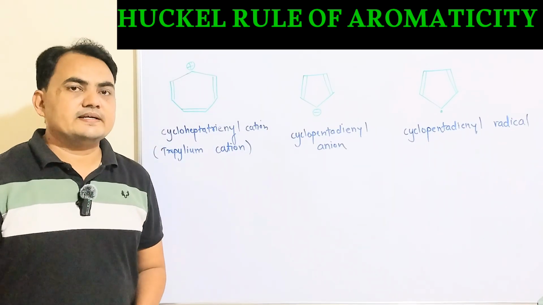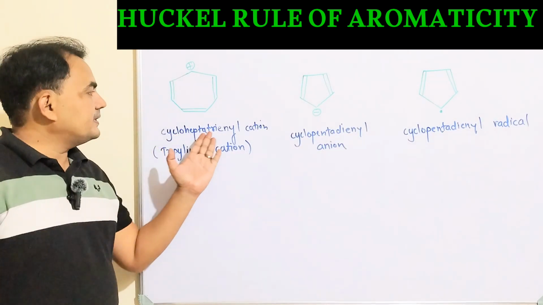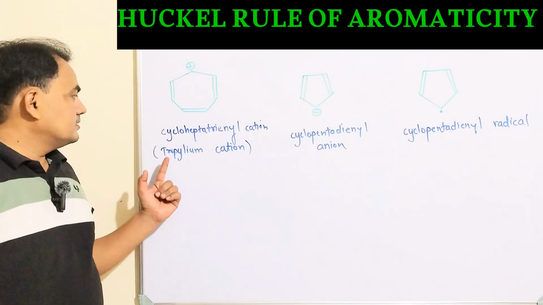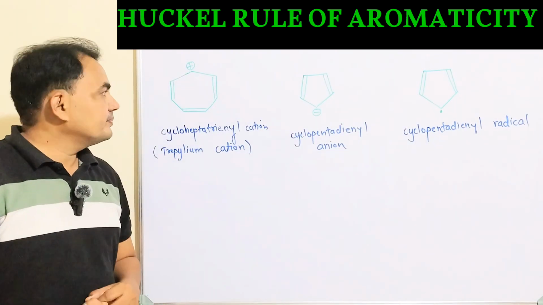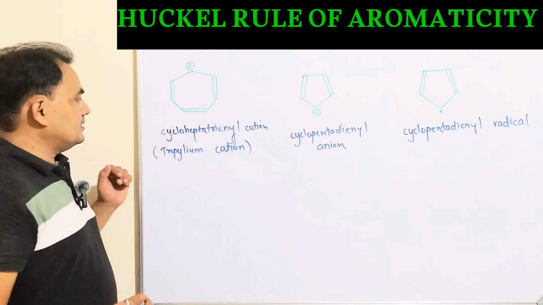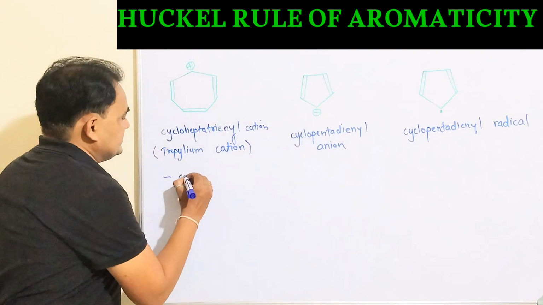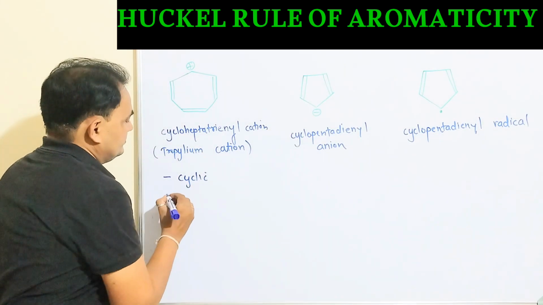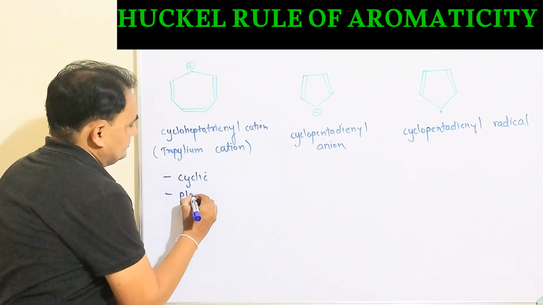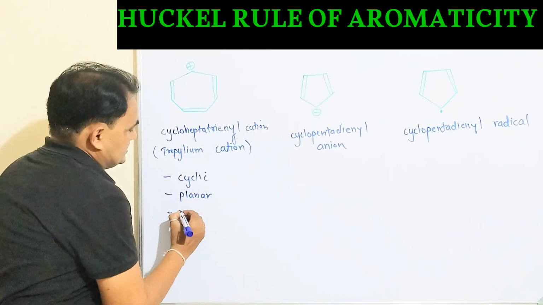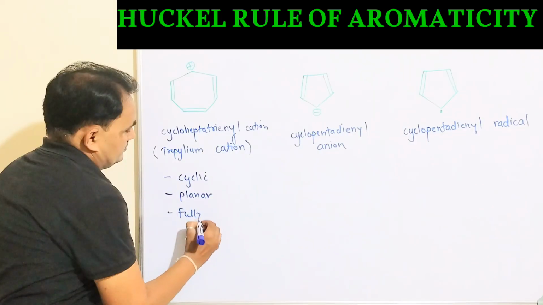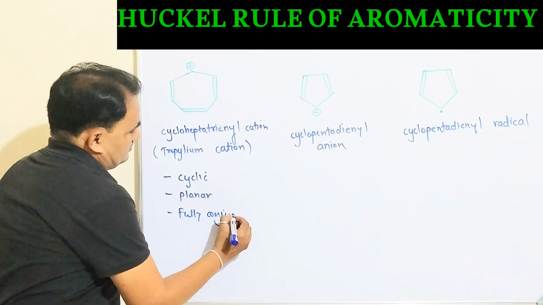Now we see another example, that is the cycloheptatrienyl cation. We also call it the tropylium cation. When we see this tropylium cation, we can see this is a cyclic compound, a planar compound, and also fully conjugated.